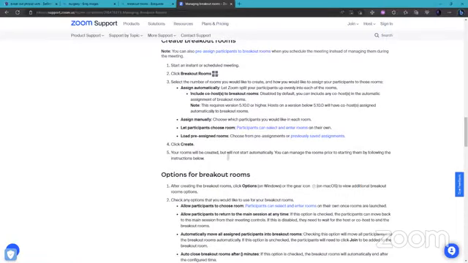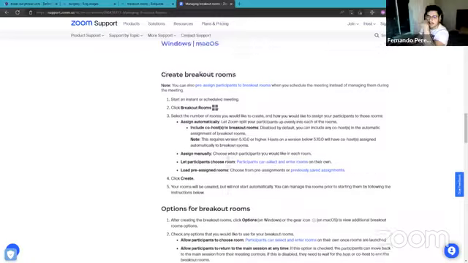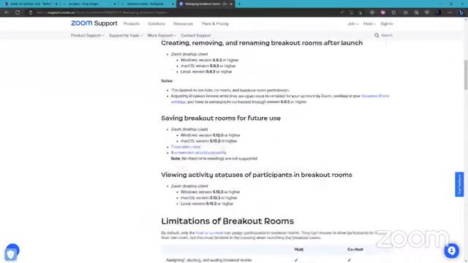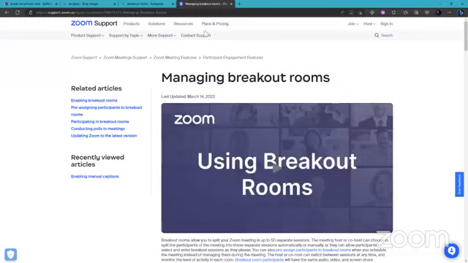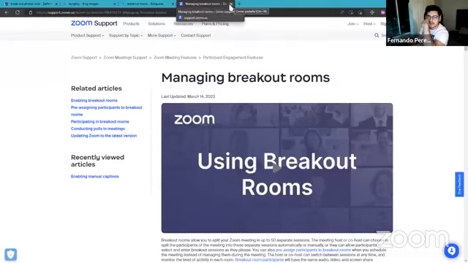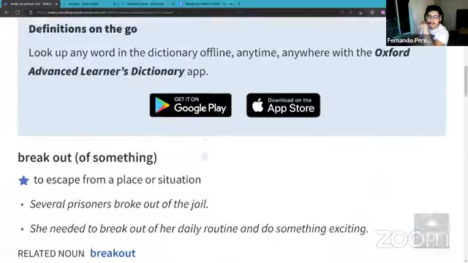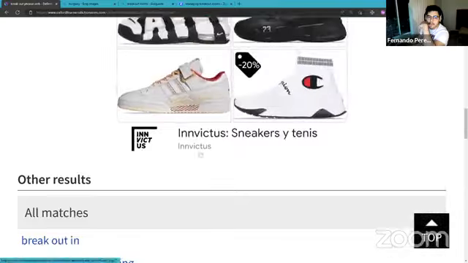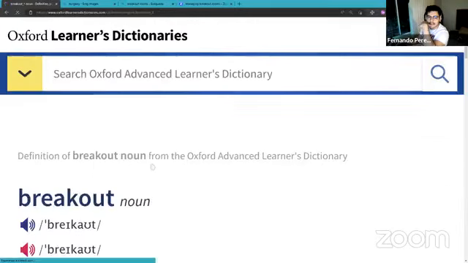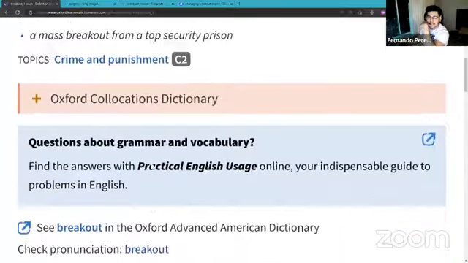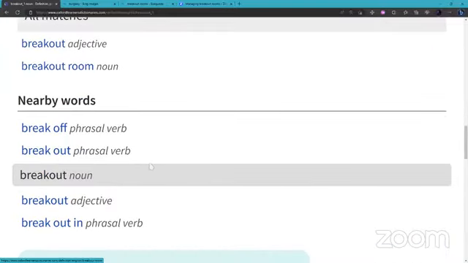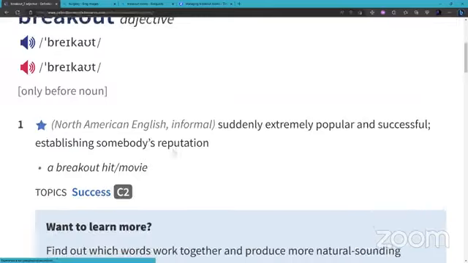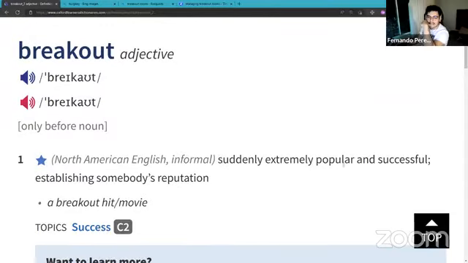Okay, this is a breakout room. Wow. And I know it from my course school. Exactly. Your teachers use it. I use it for exams too, but I didn't know it was breakout. Probably because, let's see the definitions. Breakout as a noun: escape from prison. Breakout as an adjective: suddenly extremely popular and successful.